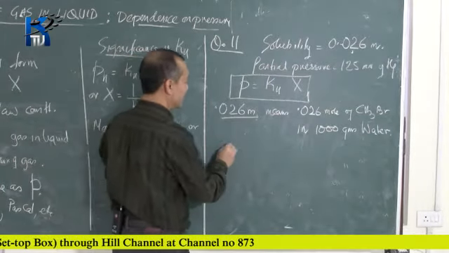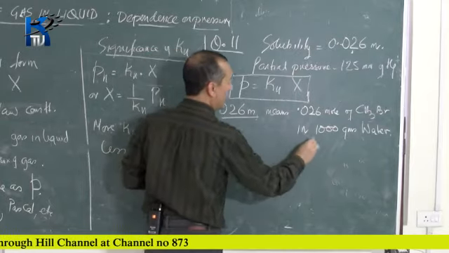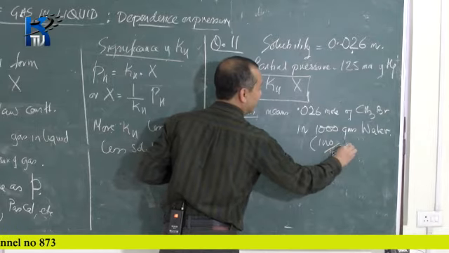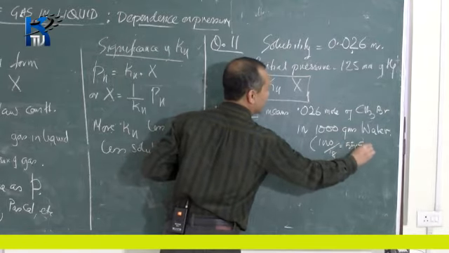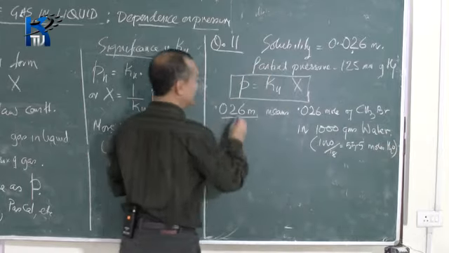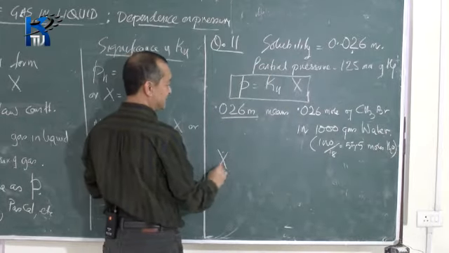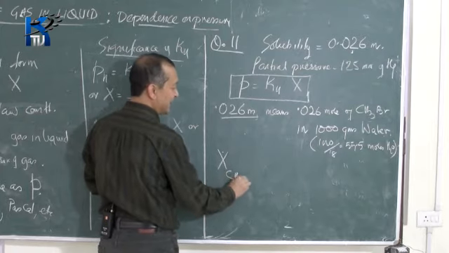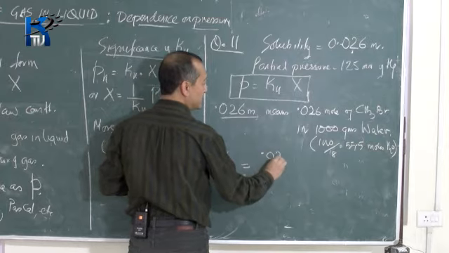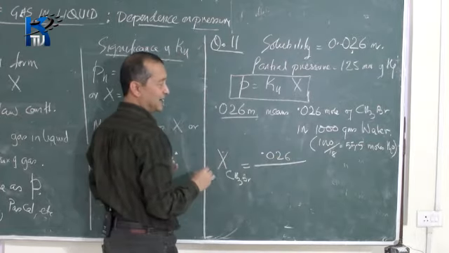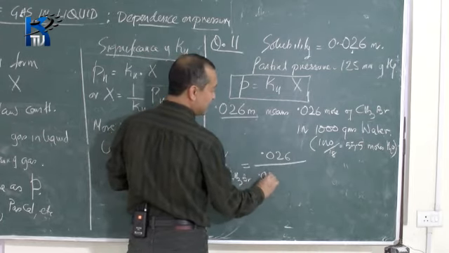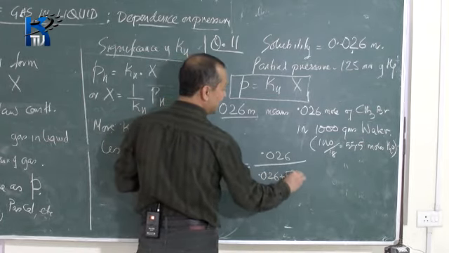1000 grams of water means 1000 divided by 18, which is 55.5 moles of water. Now, what will be the value of X? The mole fraction of methyl bromide is the number of moles of methyl bromide, which is 0.026, divided by the total number of moles, which is 0.026 plus 55.5.